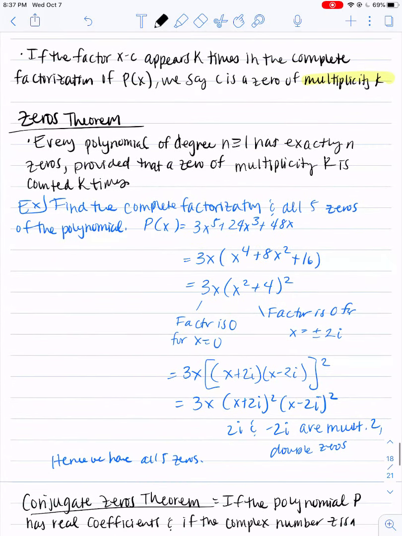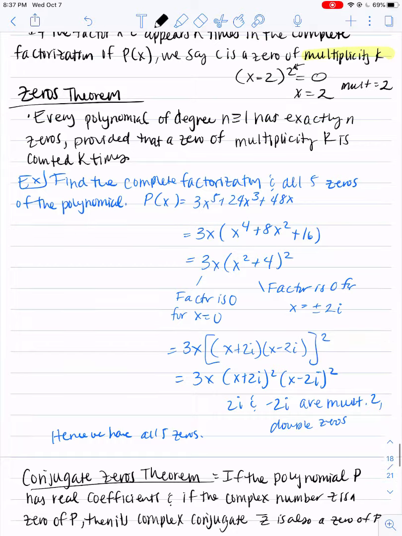If the factor x minus c appears k times in the complete factorization of p of x, we say that c is a zero of multiplicity k. Basically, if we had (x plus 2) squared equals 0, and our zero is negative 2, we would say it has multiplicity 2 because it happened two times.